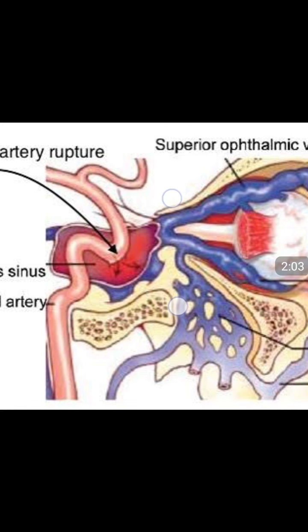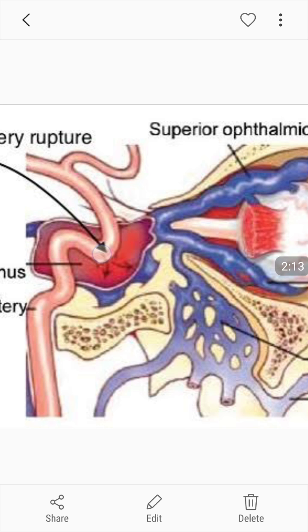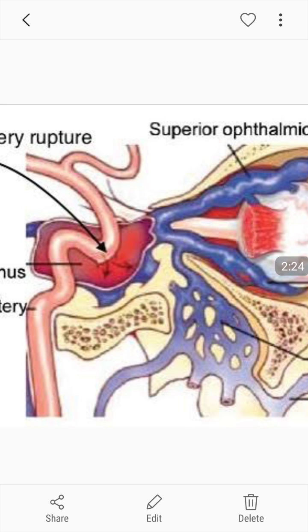So what is fistula? Fistula is actually an abnormal communication between two epithelial surfaces. As we already know, the internal carotid artery, shown in light pink, passes within the cavernous sinus, which is here surrounded by the cavernous sinus, shown in red. Why it is shown in red, I will be discussing in a while.